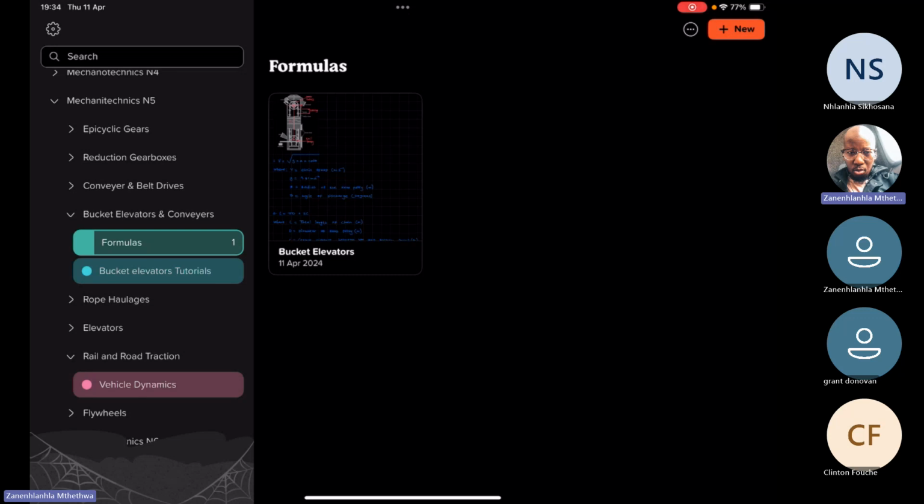By now it should be a matter of doing one or two exercises on elevators. And then vehicle dynamics is also pretty straightforward, from the perspective that the formulas we are going to use are not new to you, because we also did dynamics in N3 as well as N4 for engineering science.